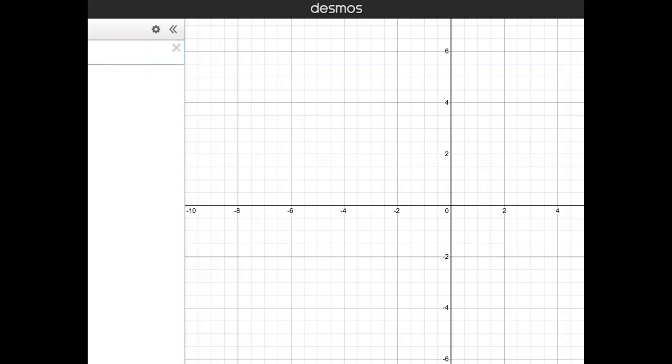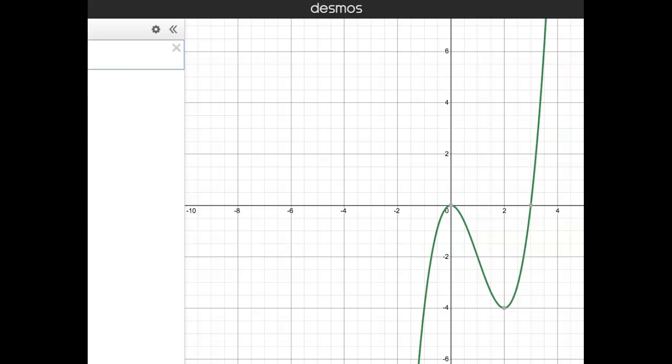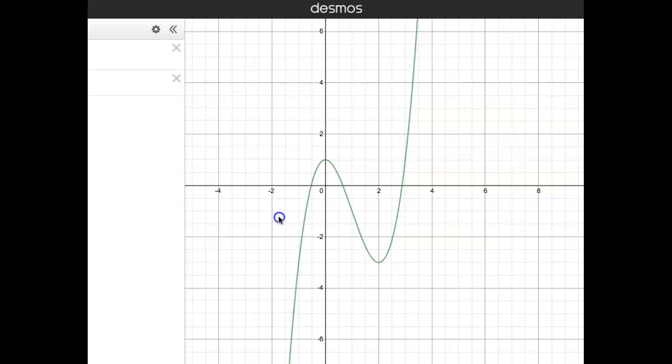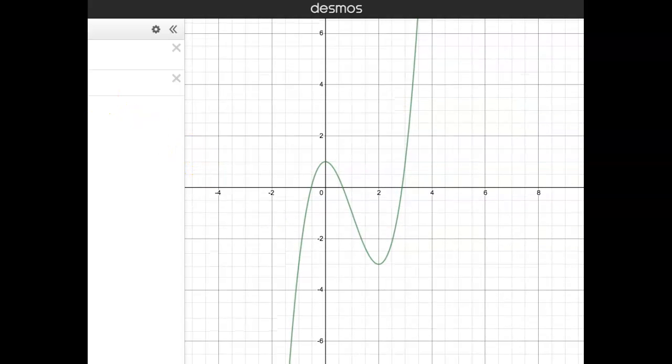So let's just look at that function. All right, so we're only focused on this function between negative 1/2 and 4. So I'll put those endpoints on the graph.